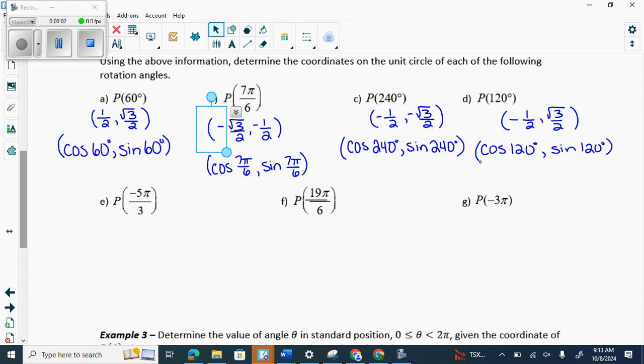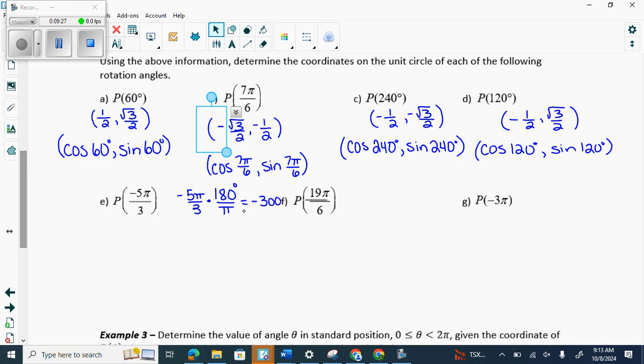If you convert it to degrees, what would we do if we did go that route? What do we multiply by? Just reminding you of conversions. 180 over pi. Why is it 180 over pi? What should 180 have on it? A little degree symbol, correct? And then 5 times 180 divided by 3 is negative 300.